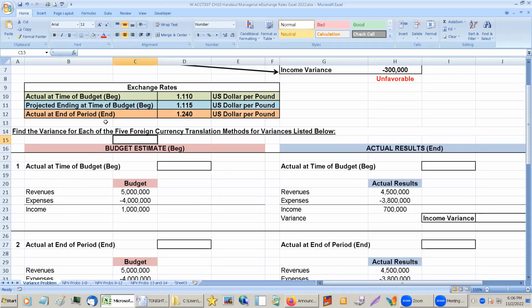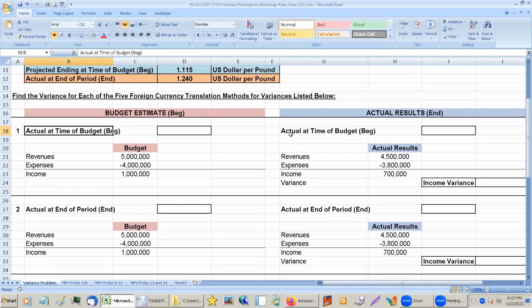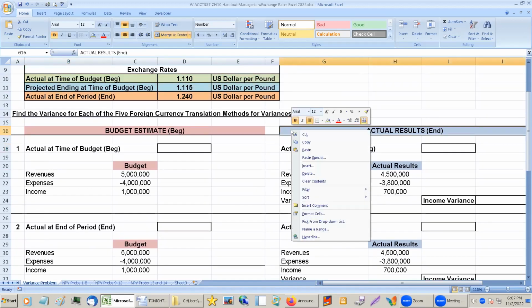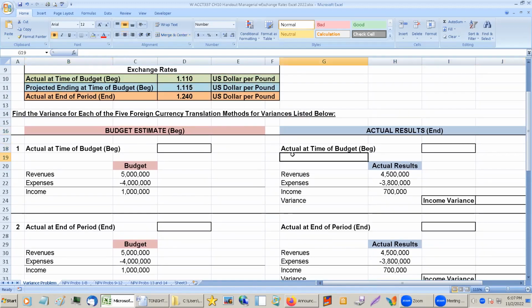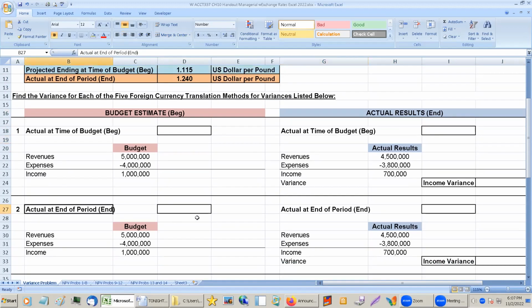Okay. So we have these 3 different ways of doing it. The first 3 here, you'll notice that the translation method is exactly the same. Actual to actual at the budget. Actual to end of period.